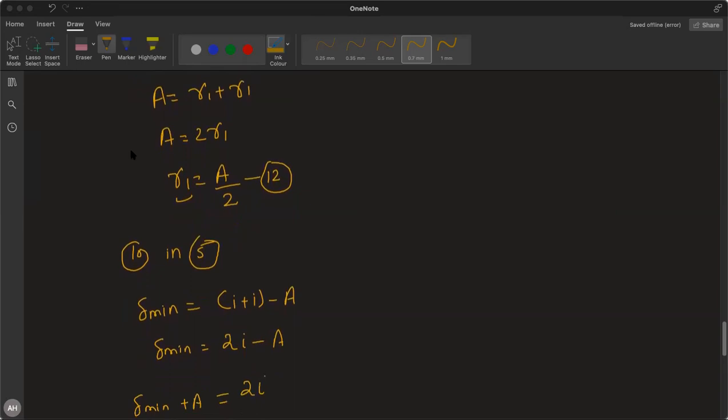Noor, we write this Prism formula in terms of minimum deviation because the minimum deviation is fixed for a particular type of prism. Angle of incidence can vary, angle of refraction can vary, but this angle of prism and the angle of minimum deviation is fixed for a particular type of prism.